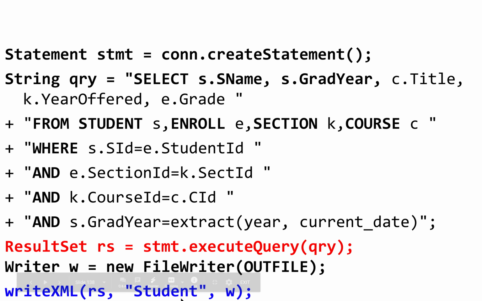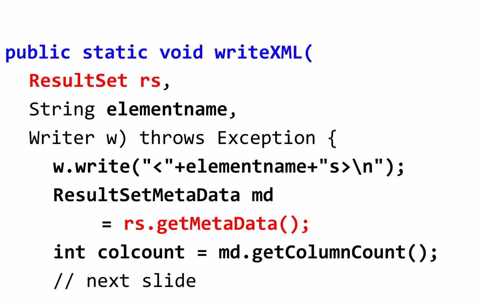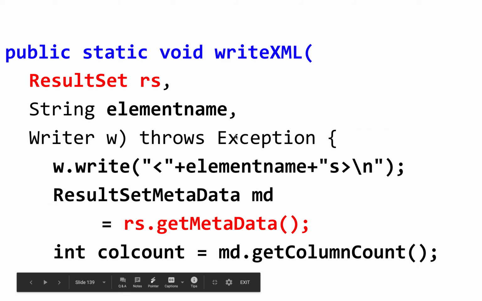So the root is going to be student, and it's going to pass in the file writer, so everybody's going to be able to append to this file writer. You can pass it the student name, which is the student tag, that you pass in as an argument.